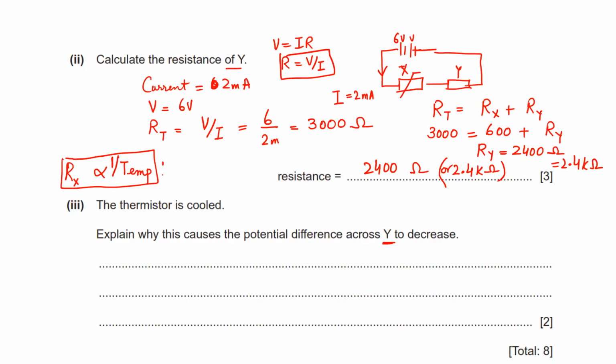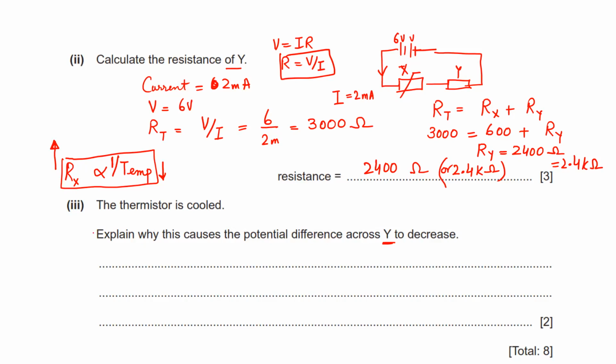So if the temperature is decreased, the resistance of the thermistor will increase. So it says if the thermistor is cooled, the potential difference across Y is decreased.